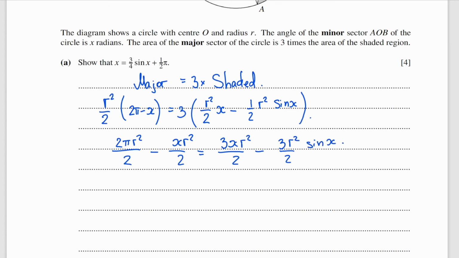Now what can we do? Let's multiply everything by 2 to get rid of fractions, and divide by r squared for obvious reasons. Let's move this x to the right-hand side.